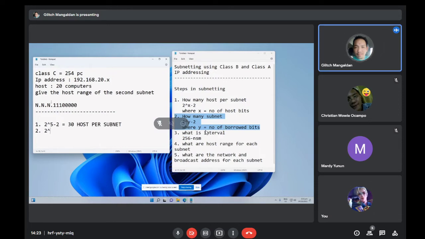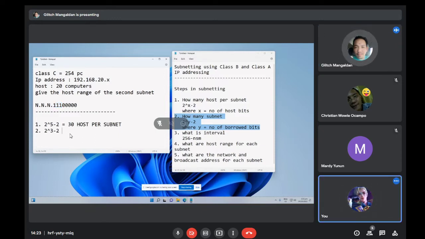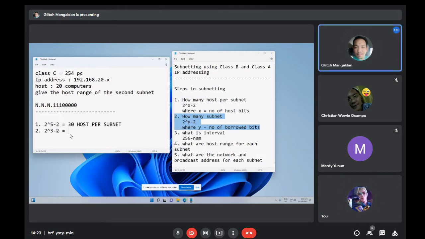O, kung titingnan mo rito, nasan yung barrel bits? Ito yung barrel bits, di ba? Yung 1. So, it means that it's 2 raised to 3 minus 2. Kasi, ang 2 raised to 3 is 8. So, 8 minus 2 is 6. So, we have 6 subnets.